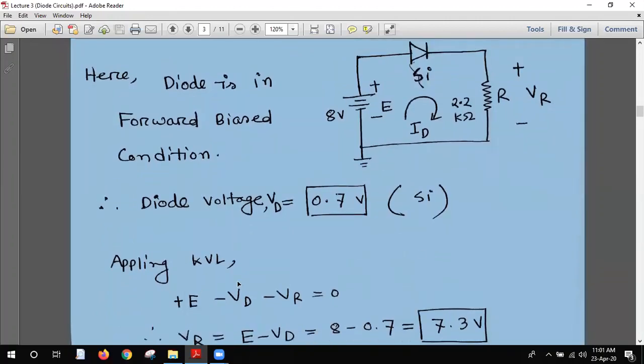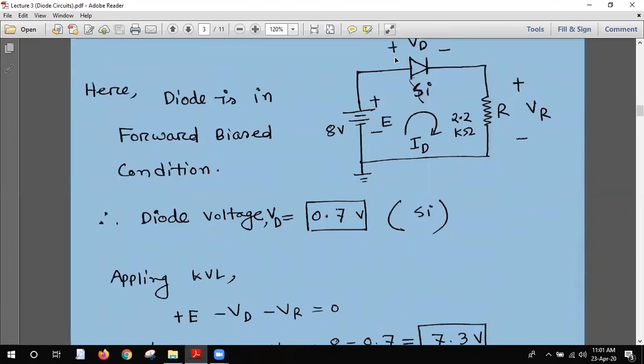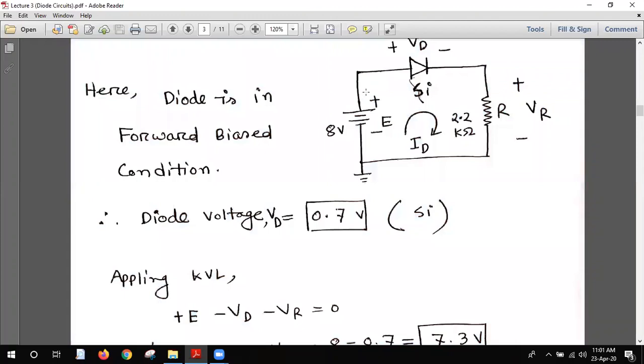As we all know how to apply KVL, we take the first sign or the second sign for all elements. Suppose this is the first sign for this. So applying KVL, we take the second sign, plus E.